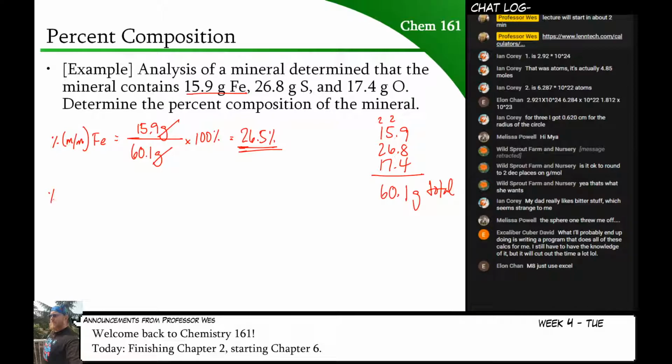Easy enough, right? These should be pretty trivial calculations, so we'll do the same thing with sulfur. Oops, I didn't times by 100%. I didn't type that in correctly. There you go. I get the same result anyway. That's okay. 44.6%.